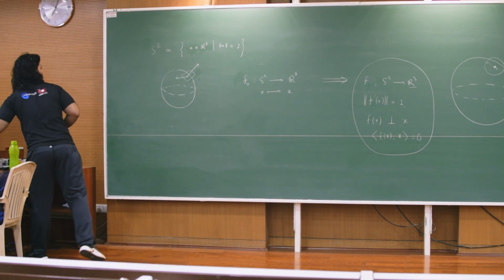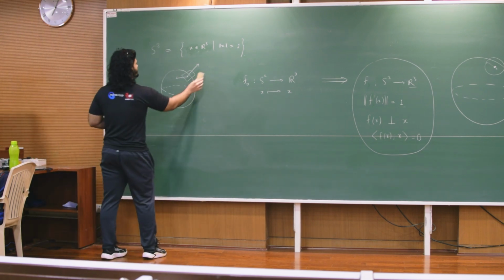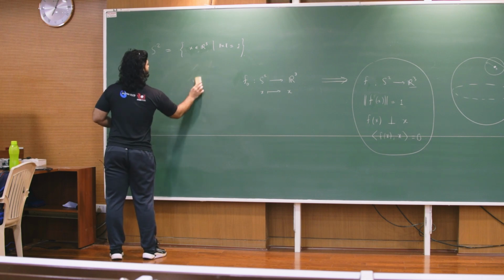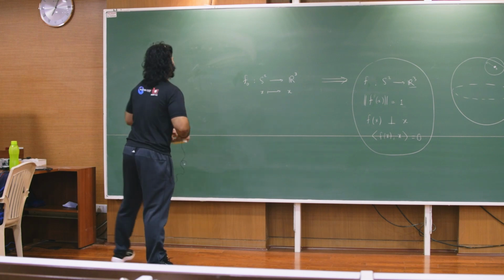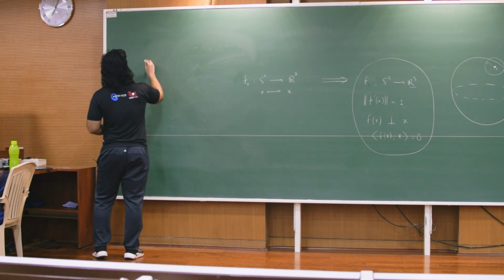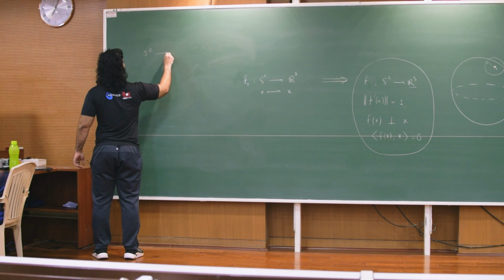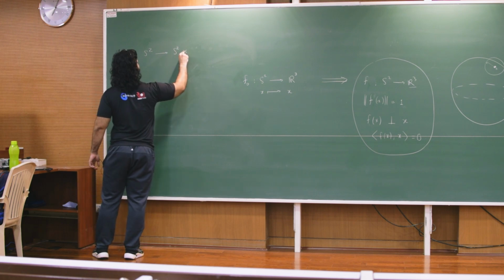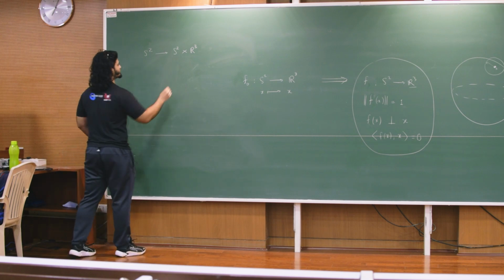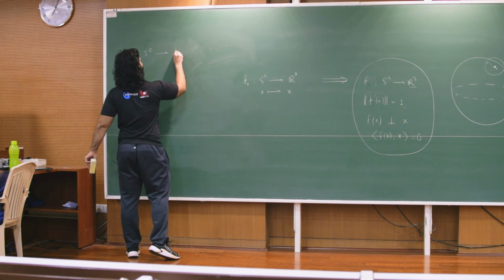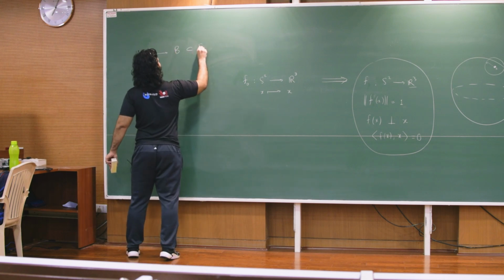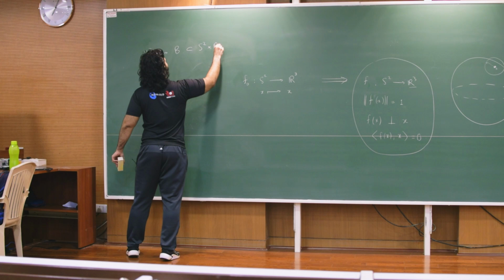One thing you could try is taking a map from S2 to S2 cross R3, or rather let me say B, which is a subset of S2 cross R3.